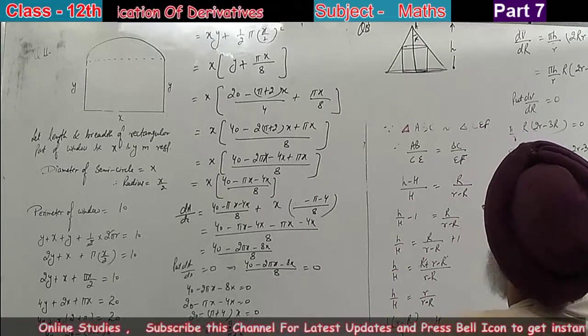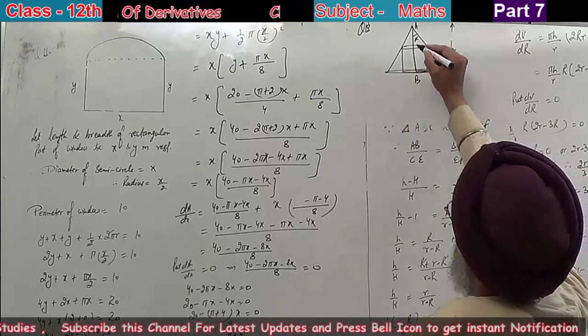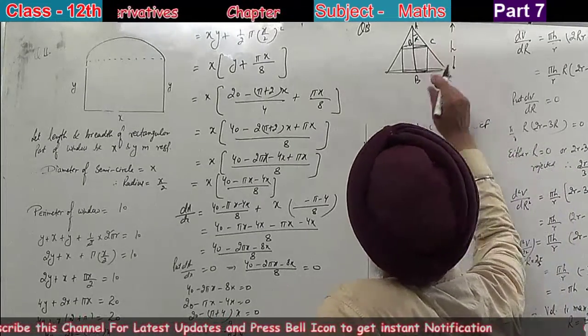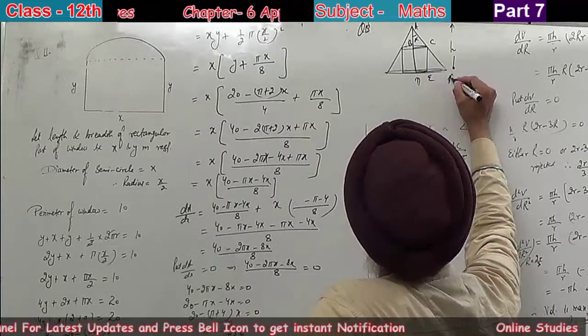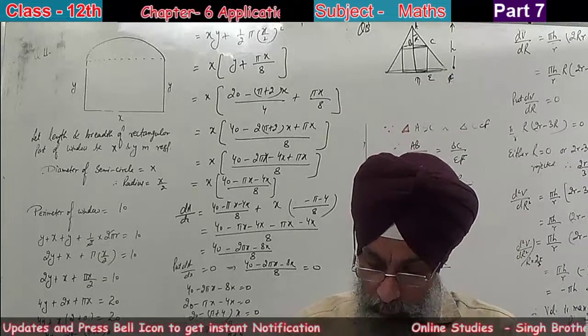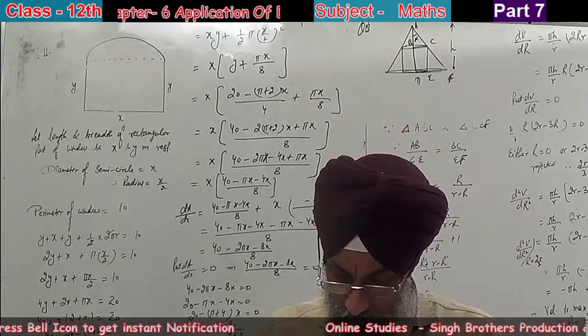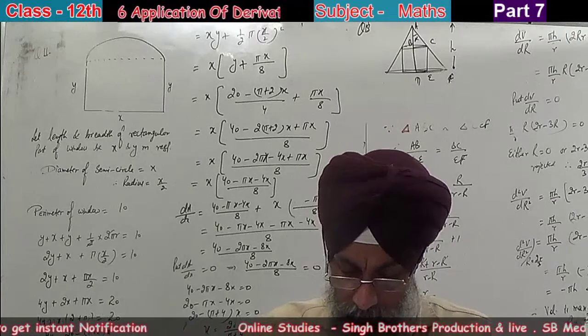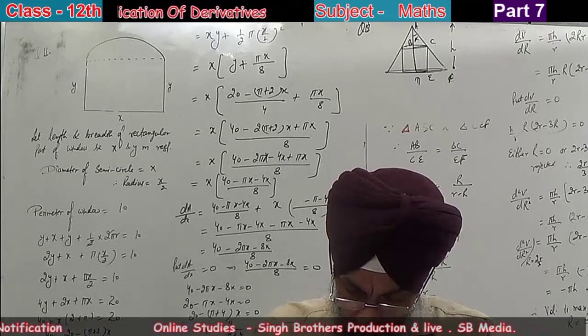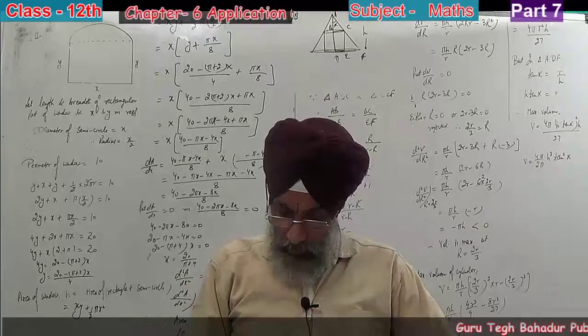What do we have to show here? We have to show that the volume of the cylinder is greatest, and moreover, its height is 1/3 of that of the cone.